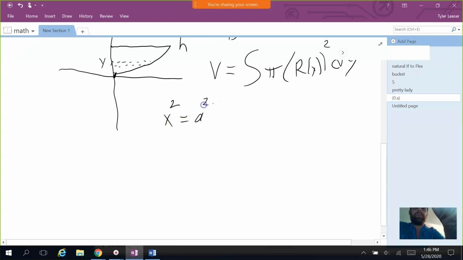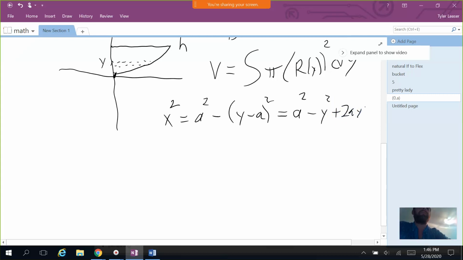So we have the x squared, the a squared is on the other side, and I'm subtracting that (y minus a) squared over to the other side. And we can simplify this down by foiling out this. And we get this, minus a squared. So that's just foiling out this (y minus a) squared and then distributing the minus sign. Then the a squareds cancel, and we get this.